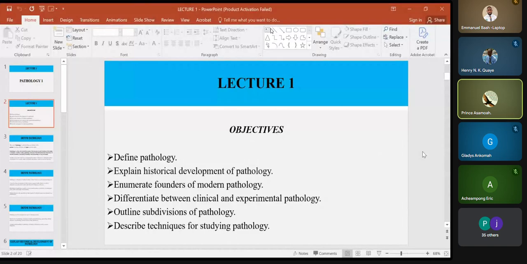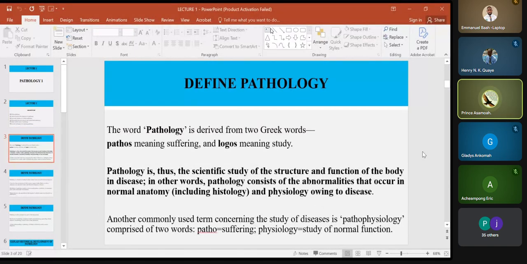Okay. What then is pathology? When we say pathology, what at all is that word? Now, it is derived generally from two Greek words, which are pathos and logos.